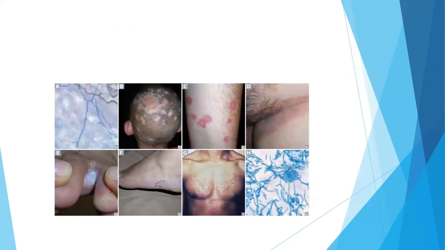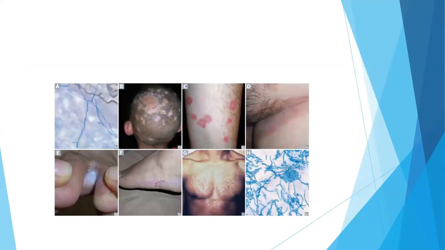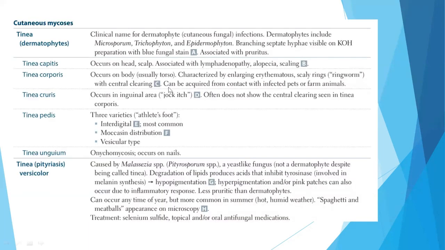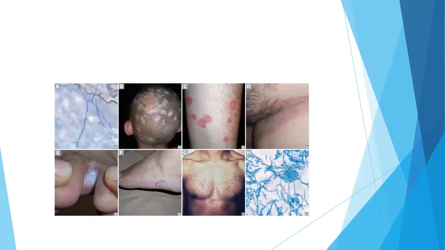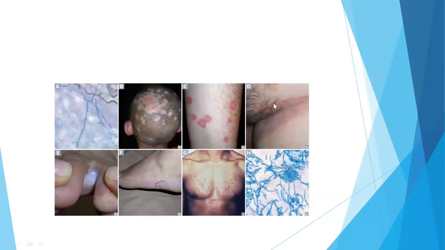Now let's review some of the images. Here is the KOH mount, the blue staining of the KOH mount, where you can see the dermatophytes. Now this is tinea capitis. This option C, here you can see, is the central clearing of the ringworm. You can see here this one is white, and there you can see the redness that is surrounding it. Again, the inguinal area, jock itch, is here, and this is occurring on the nails.